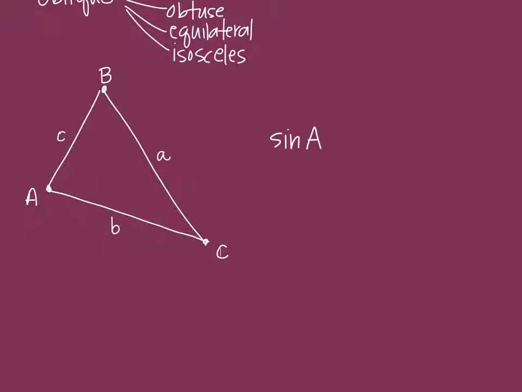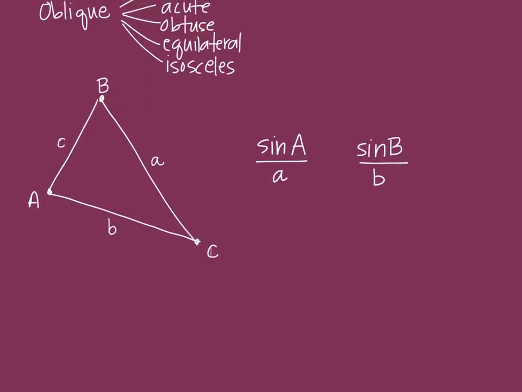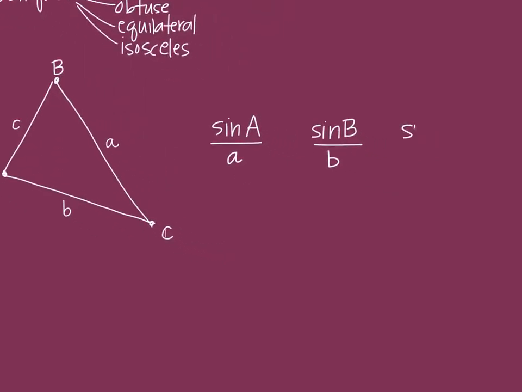The sine of A, when it's divided by its opposite side a, if you compare that to the sine of B divided by its opposite side b, and lastly, if you compare that to the sine of capital C divided by lowercase c, you will find that all three of those fractions are equal to each other. They all have the same value, and that is the law of sines.